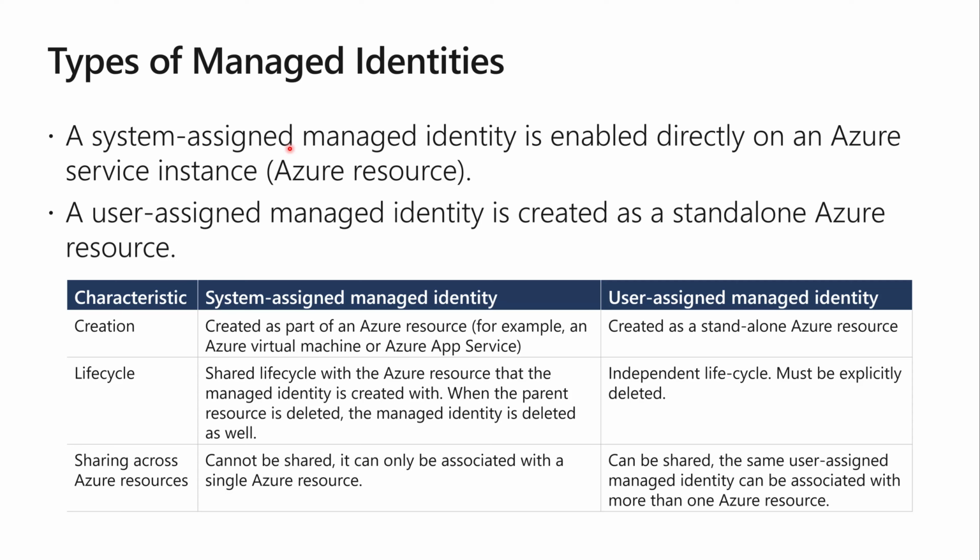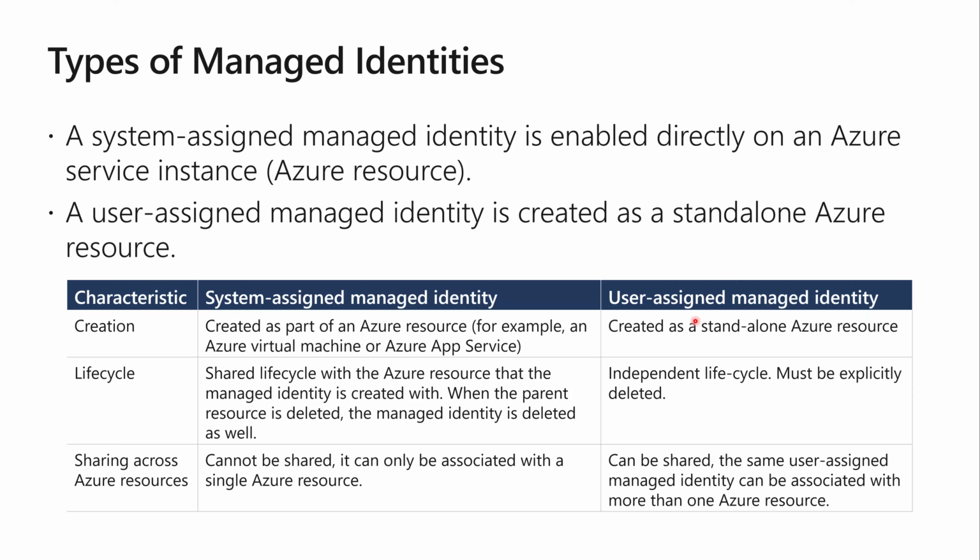If for some reason you delete that resource, in my case the app service, the managed identity is actually going to be deleted too, because, like we say here, lifecycle: the managed identity and the Azure resource share the same lifecycle. If you delete the resource, you're basically deleting the managed identity.